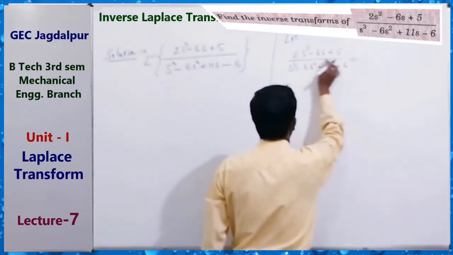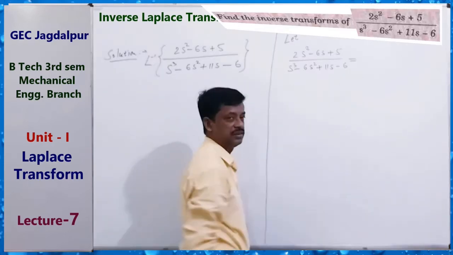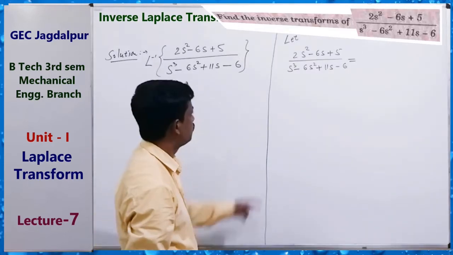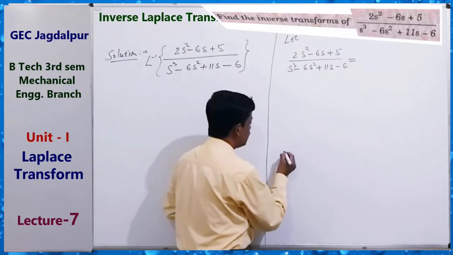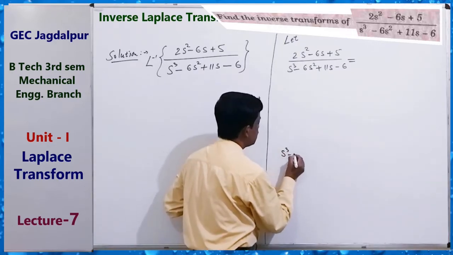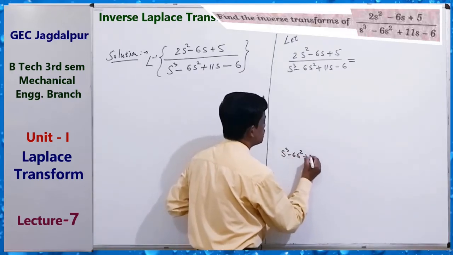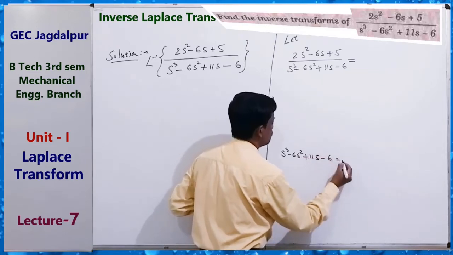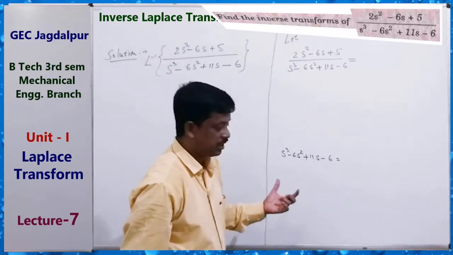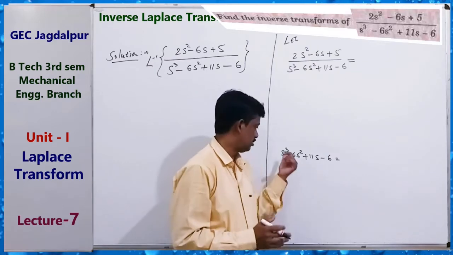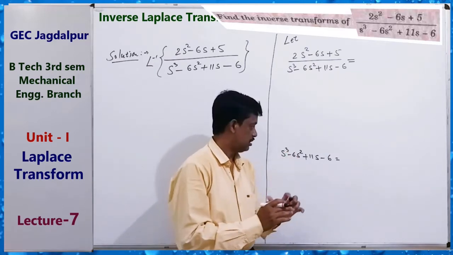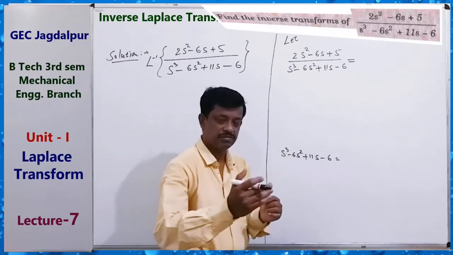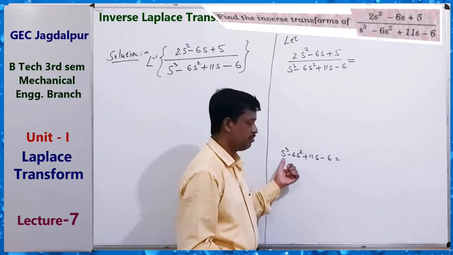first of all we have to factorize the denominator s cube minus 6s square plus 11s minus 6. It is a third degree polynomial, so we get three linear factors involving s.